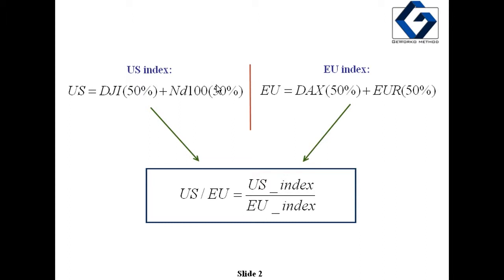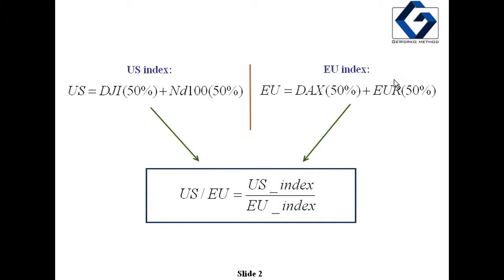The European indicator includes two components at the same weight as well. The first of them is DAX, the German stock index. This index includes the value of shares of companies from various sectors of the German economy. The proportion of shares is determined by taking the capitalization of each company into account.